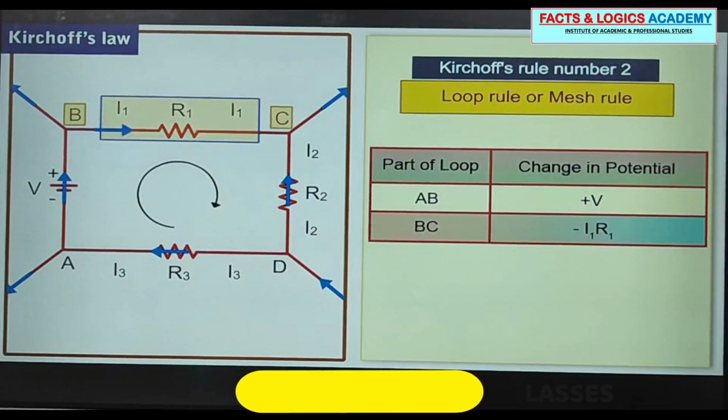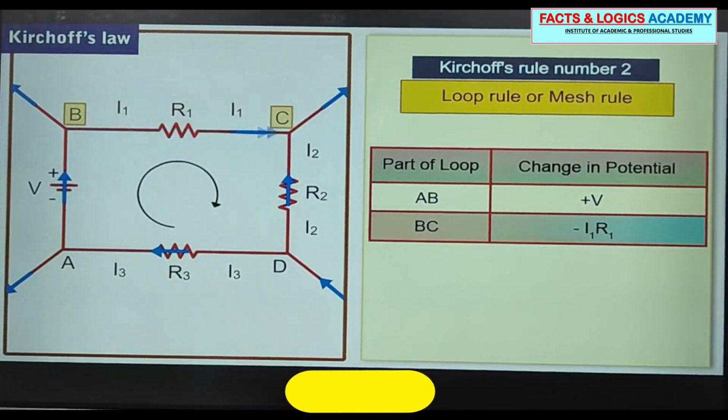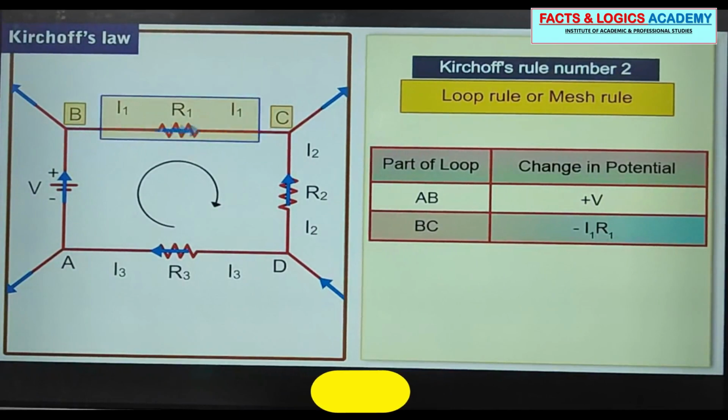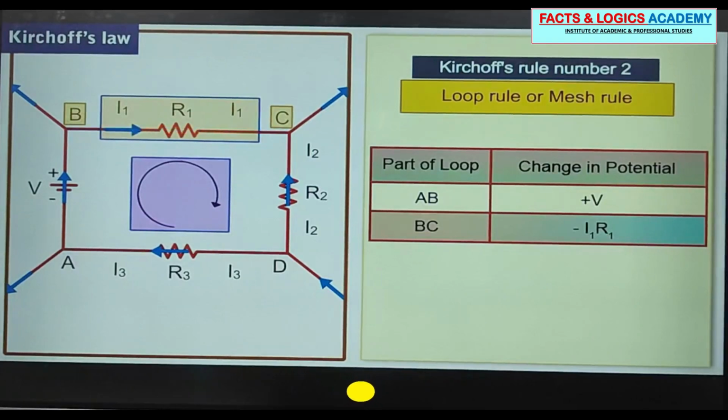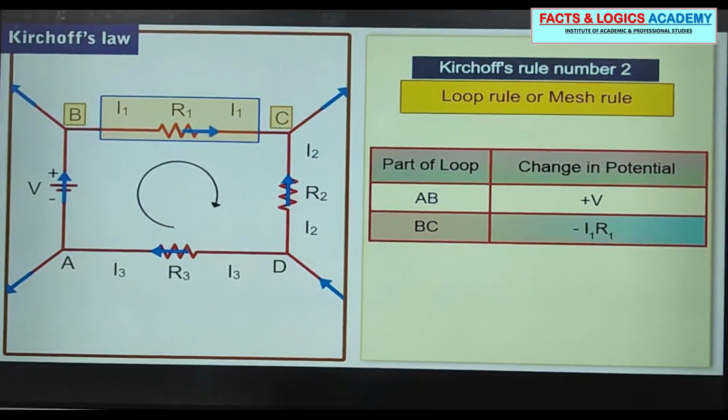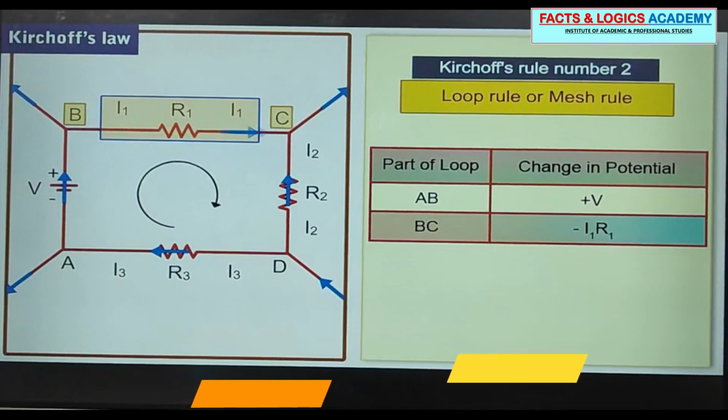BC. Current I1 is passing through R1. The direction of current I1 and the direction of walk through is the same. The change in potential is minus I1 into R1. Here, you should clearly understand why the change in potential is minus.